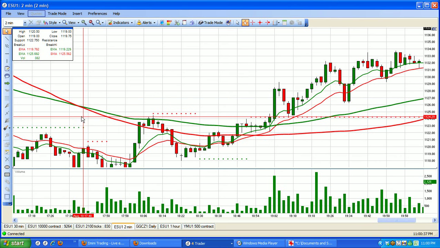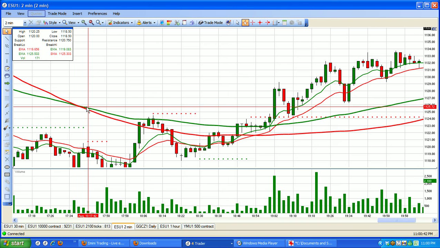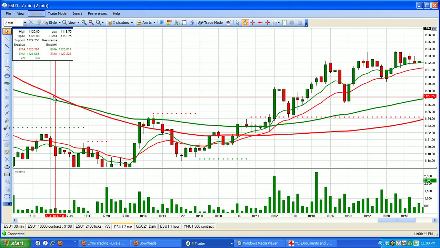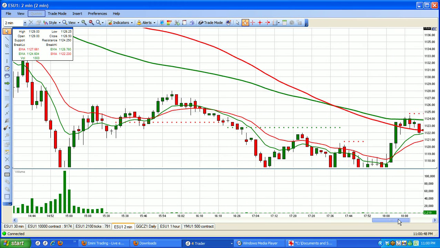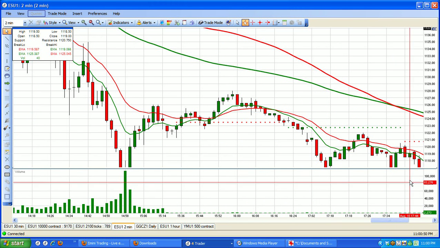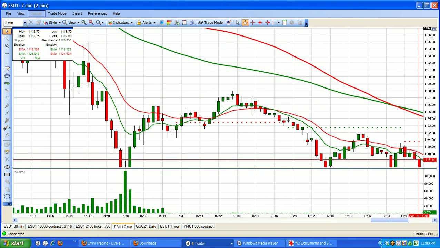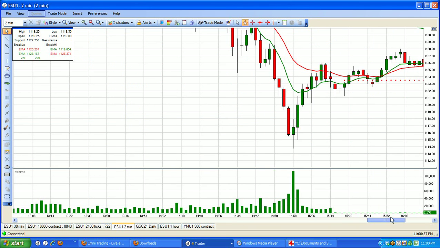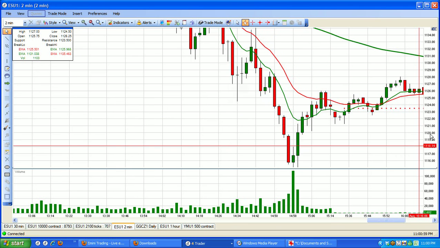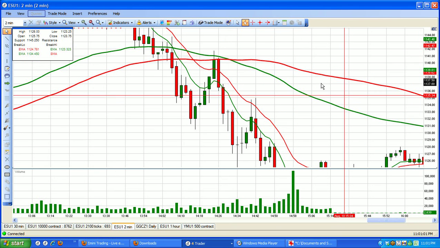Uh-oh. Right here. Now, how can the green go above the red when the market's moving down? That's a very good question. Is it moving down? Or is it consolidating in a range? You're so glad I asked that question because you didn't want to.